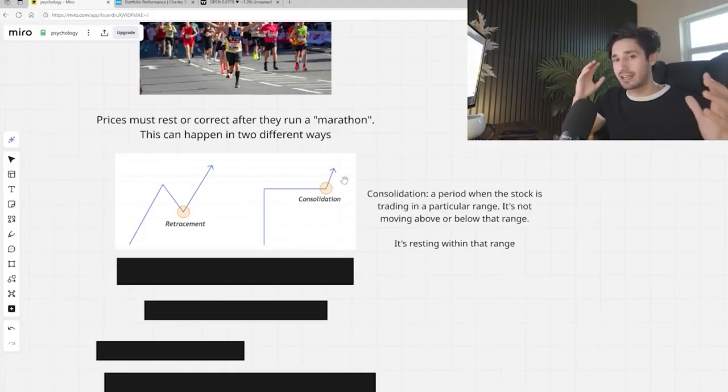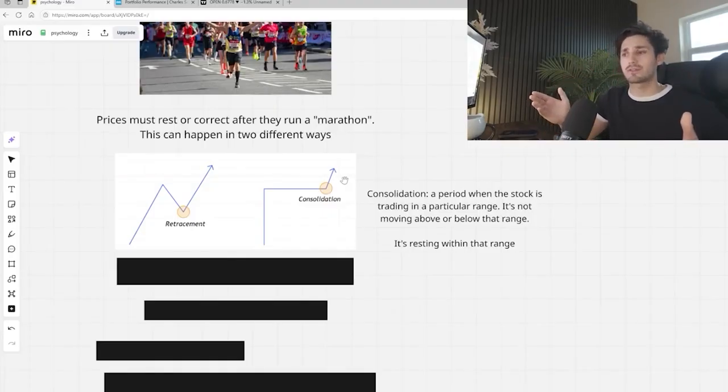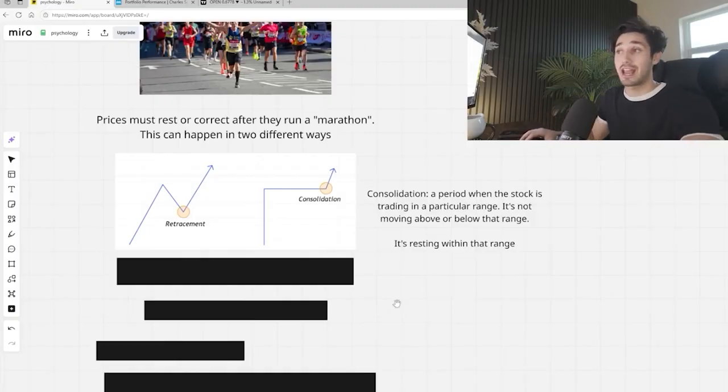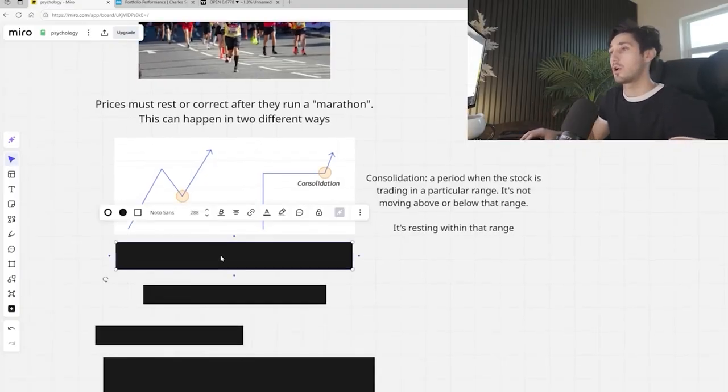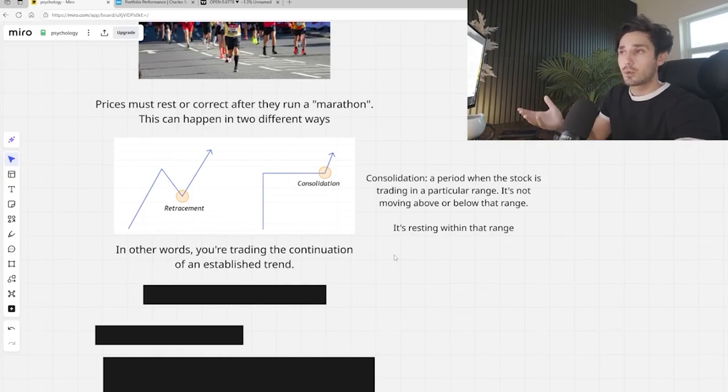And you probably are already getting ideas of like, oh, I get this, right? Within an uptrend, prices are moving higher and we find corrections within an uptrend, and those are opportunities for us as traders. And you're absolutely right. In other words, by trading a retracement, by trading a consolidation, in other words, trading a correction pattern, you're trading the continuation of an established trend.